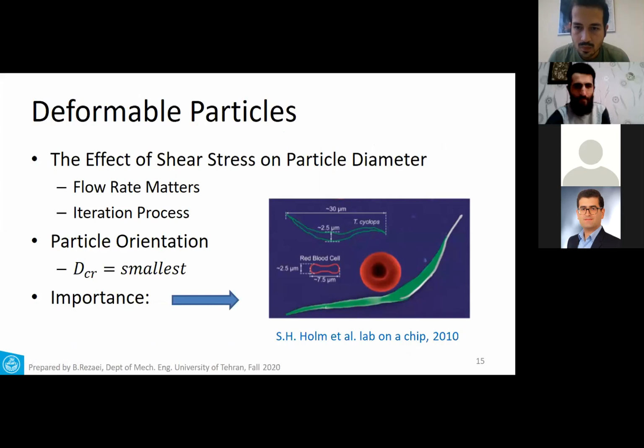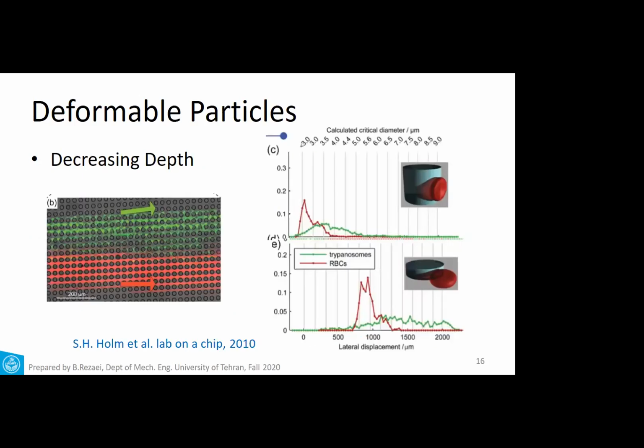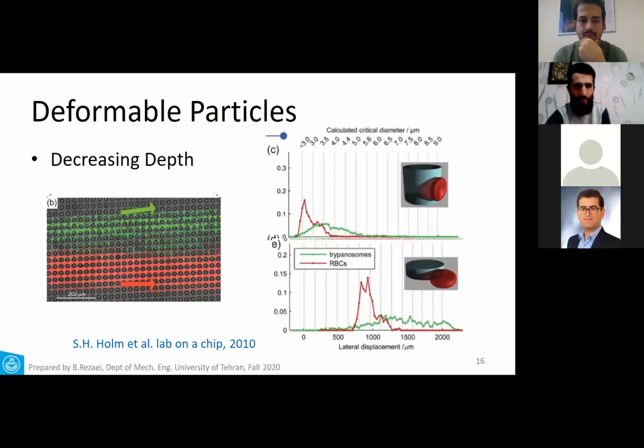The T cyclops dimension is about 2.5, and the small dimension of the red blood cell is 2.5, so they could not do the separation before. This idea of decreasing the depth, making the red blood cell go through its larger dimension, allowed the separation to be done. And as you can see in the left image in this slide, the red blood cells are on the lower side and the others on the upper side.